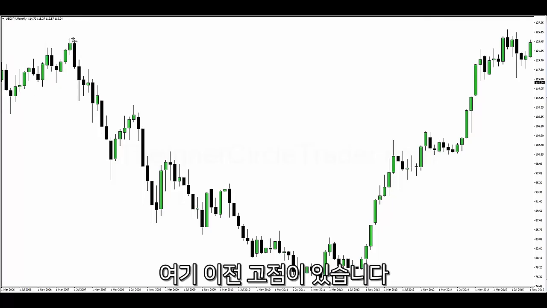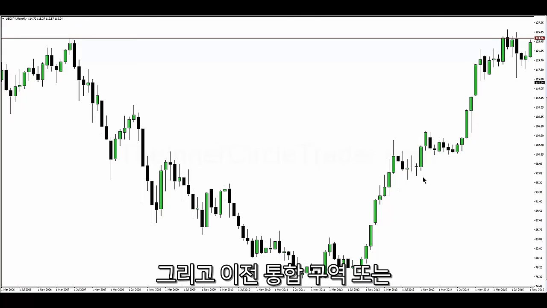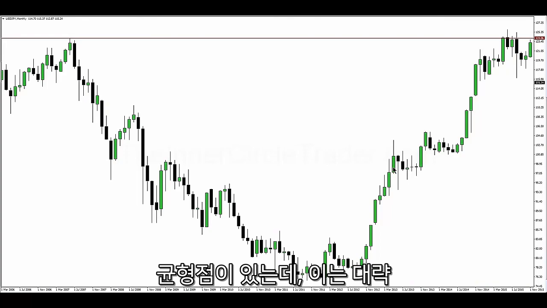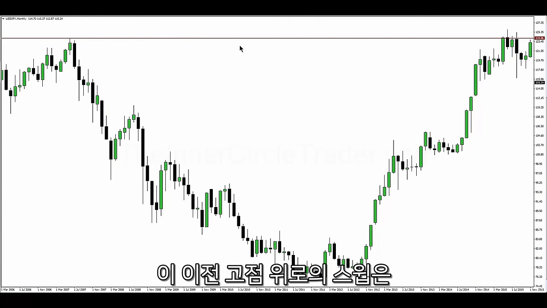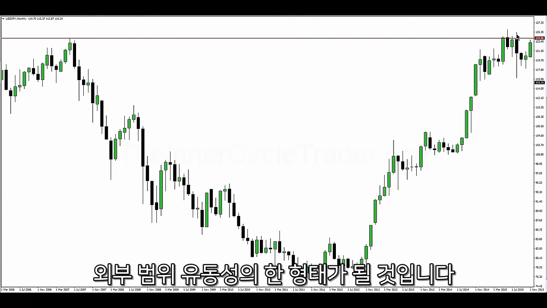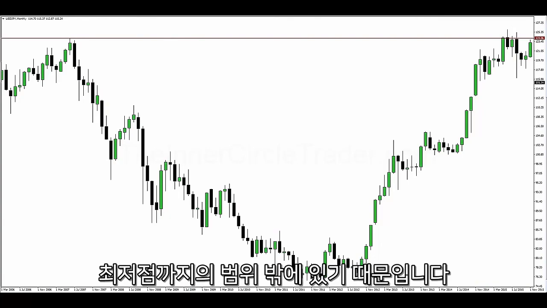Okay, we have an old high back here, and we have an old area of consolidation or equilibrium. It's about halfway from the low up to this high. Price sweeps above this old high here, and that will be a form of external range liquidity because it's outside the range from this high and the low it formed.